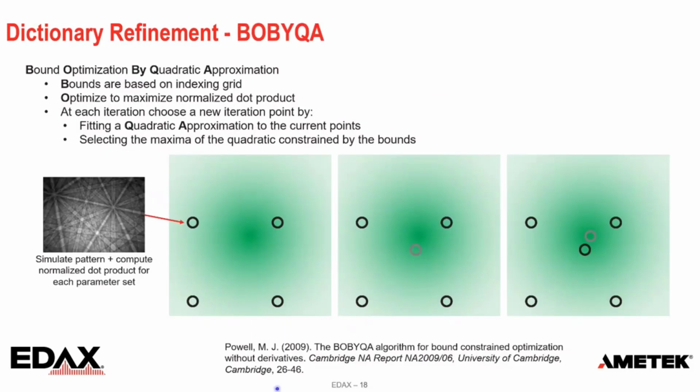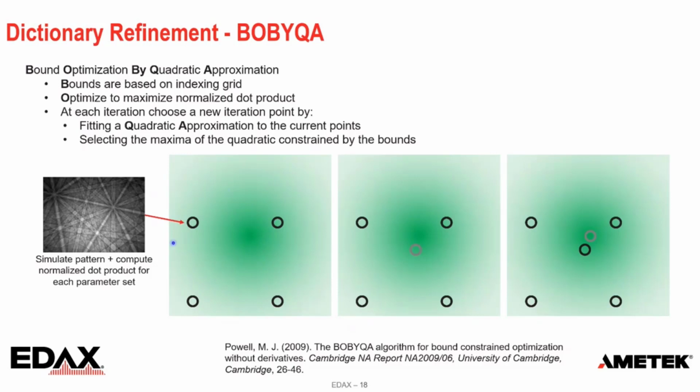So the existing code in Matrix, which is what is also in the EMSoft implementation, is this BOBYQA, bounded optimization by quadratic approximation. And basically the idea is you have your 4 grid points. So in these schematics, the black circles are places where you have simulated a pattern and evaluated the dot product.